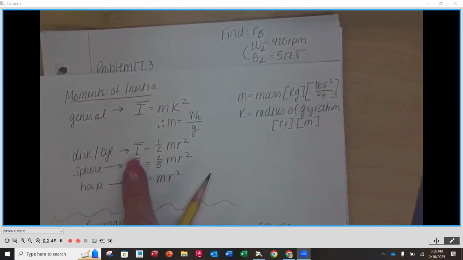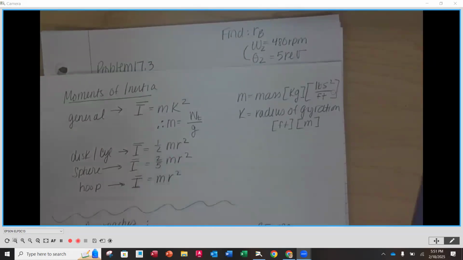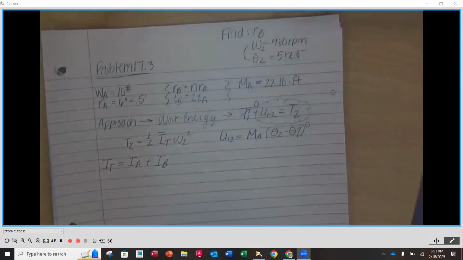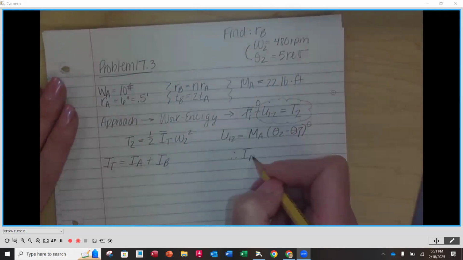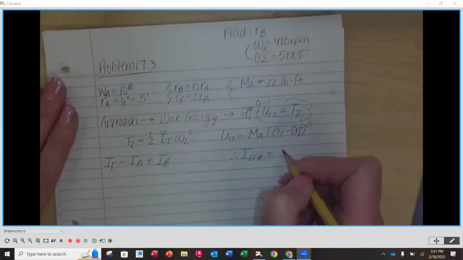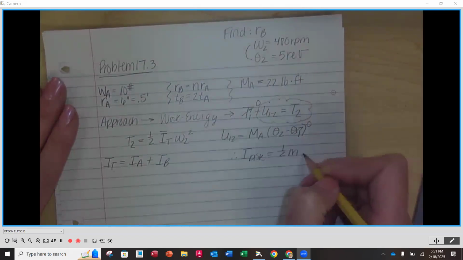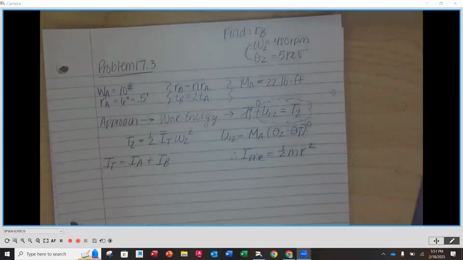And this would be a disk or a cylinder is going to be 1/2 mass times the radius squared, okay? So I'm just going to put that over here. Moment of inertia of a disk is equal to 1/2 mass times radius squared. So we're going to need to do that for A and for B, okay?